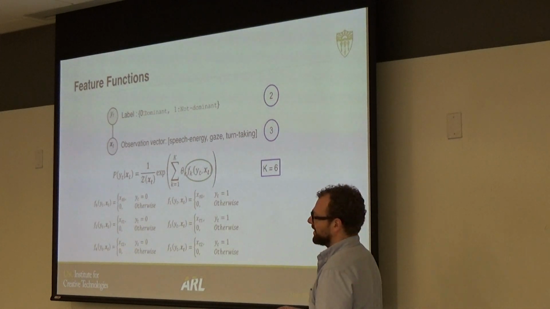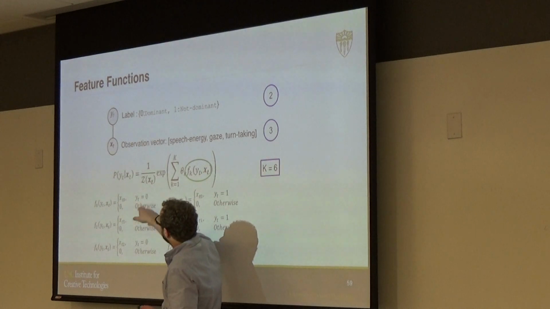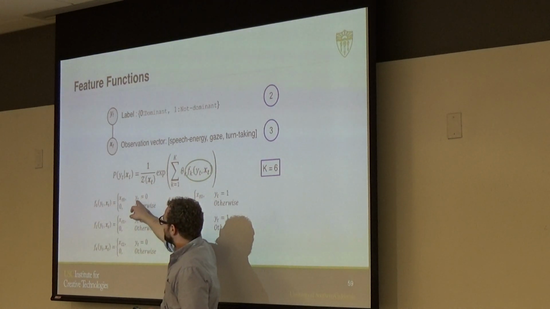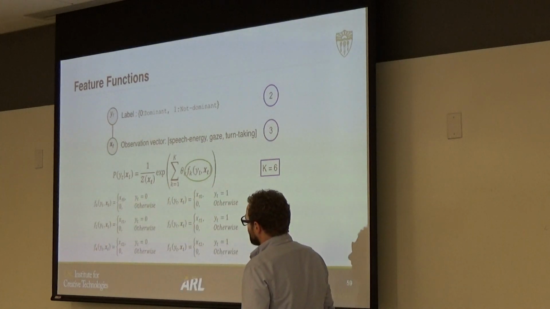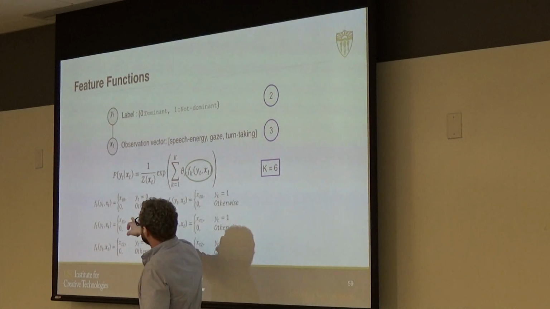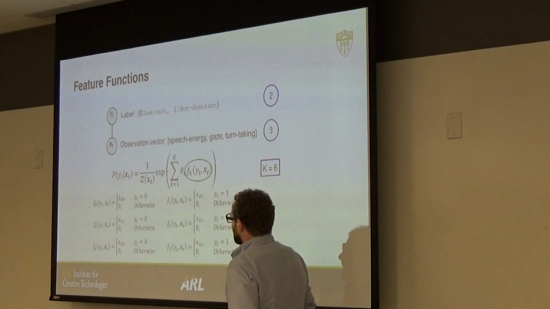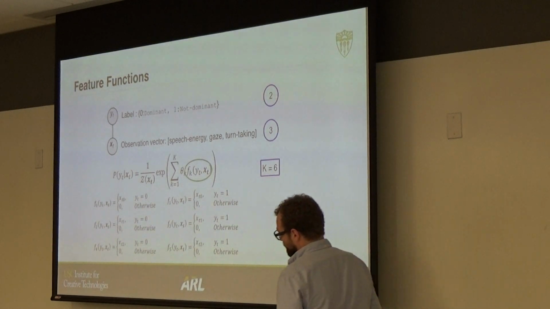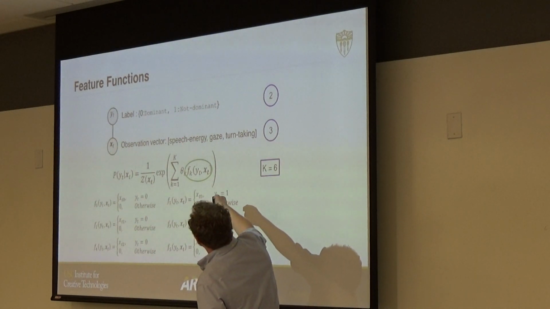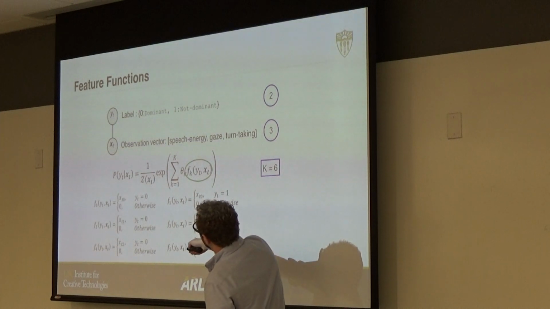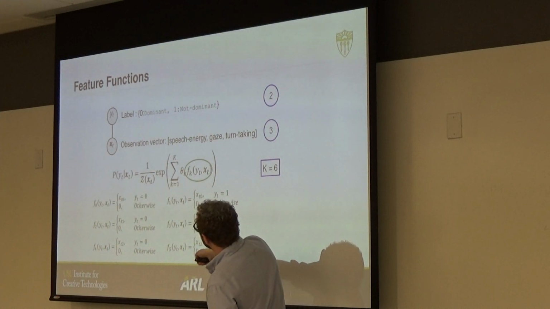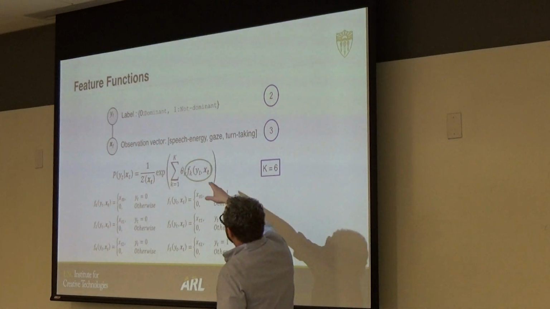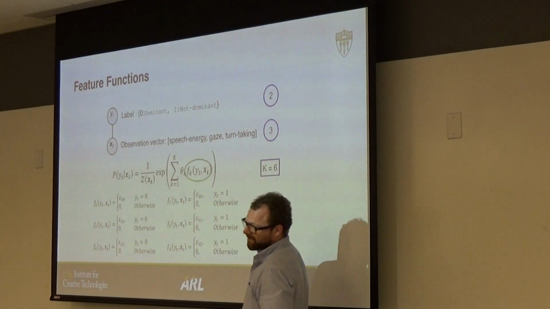That's basically if we are assuming that this person is dominant at a certain time, then we just use this xt. xt0 is speech energy, and xt1 is gaze, and xt2 is turn taking. So at time t, dimension this or that. Okay.